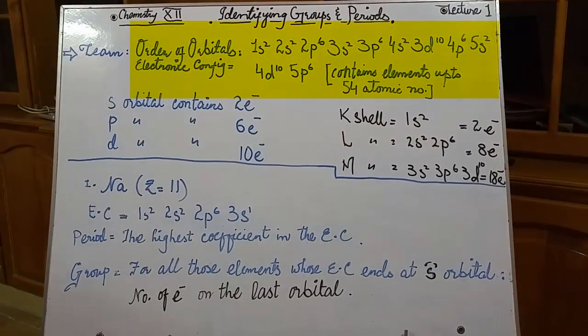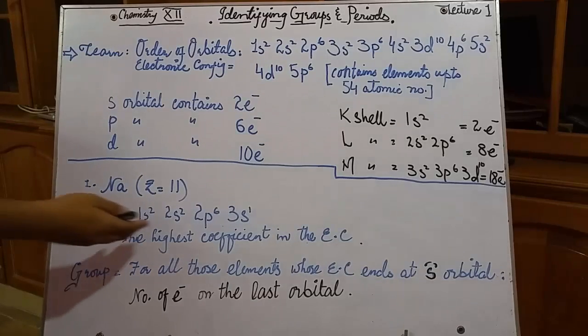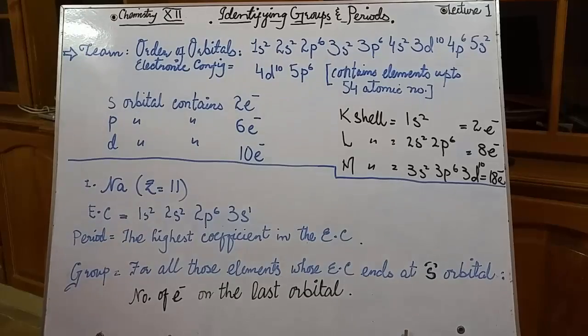First of all, let's do an example so that it will be clear in our mind. We are taking sodium as an example. Sodium's atomic number is 11. To perform electronic configuration, we need to write until all 11 electrons are covered.